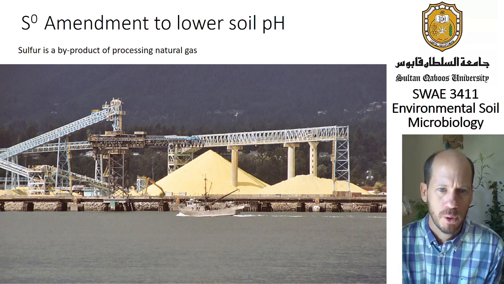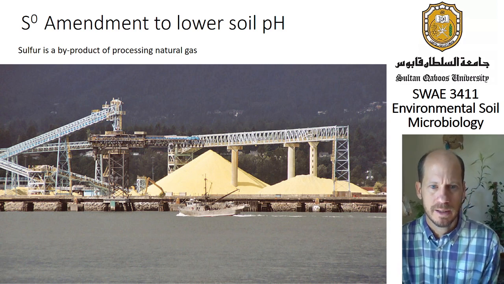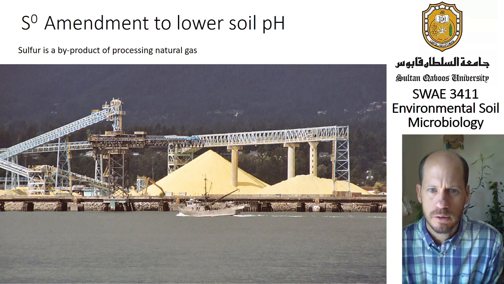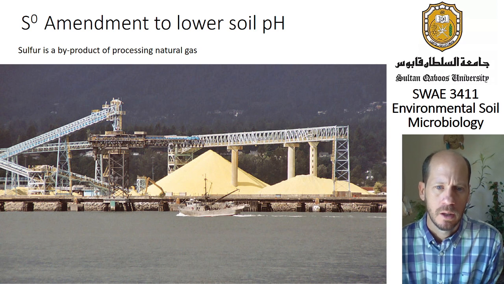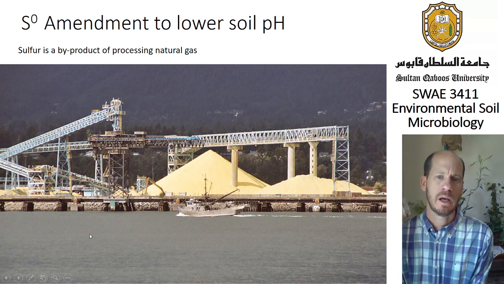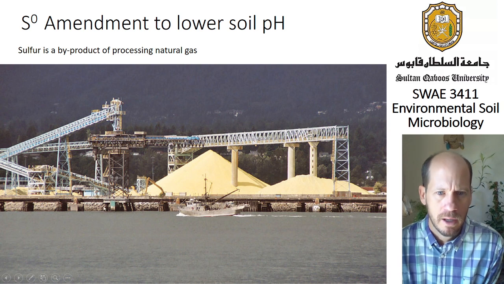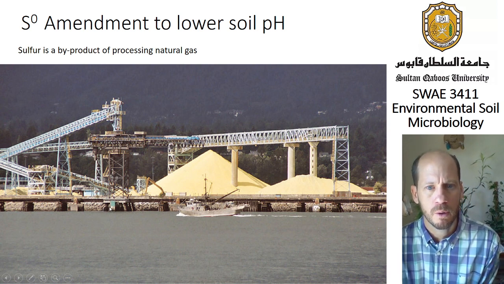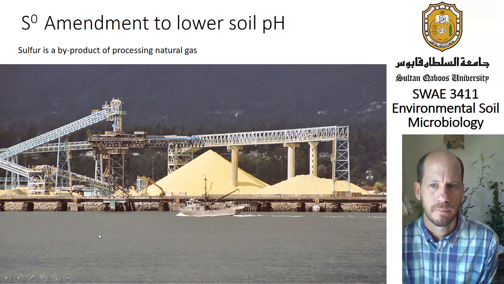You can build up high amounts of this, and at the same time, if we need it for agriculture because of the salinity issues that are widespread in Oman, you can give a use to this byproduct as an amendment, as a fertilizer, and help deal with a predominant issue for agriculture in Oman, which is soil salinity.